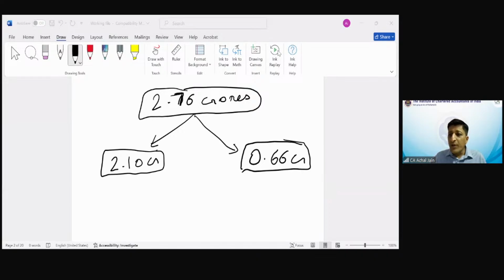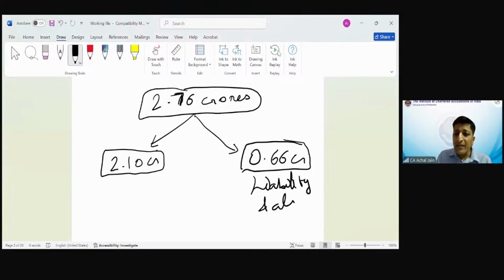Okay, so that is absolutely not a problem at all. Why? Because it's clear the company has accepted this as a liability, and also paid this. So should this be a matter of our discussion? Not at all. Why?